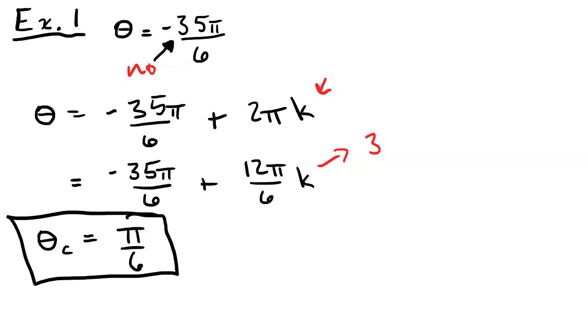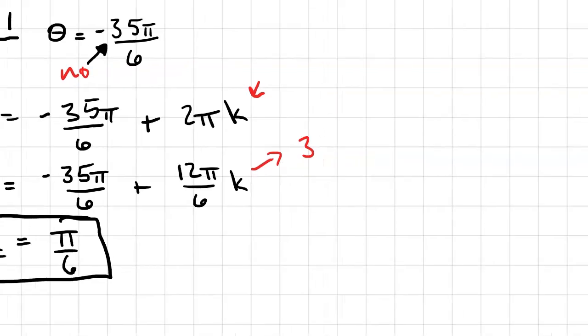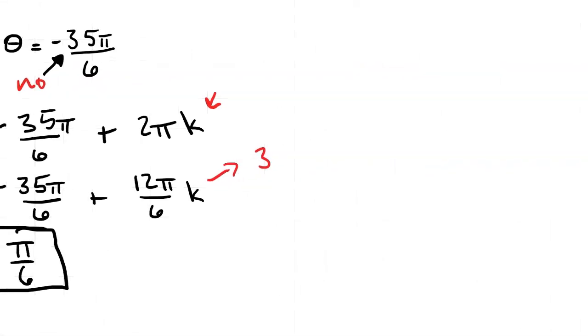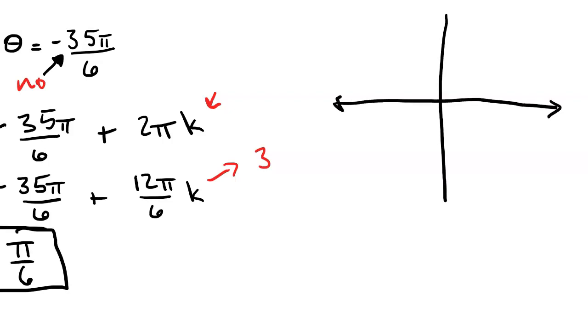Now, as far as sketching this, let me scoot this screen over a little bit. If we look at the xy plane, remember on the first part of this video when I talked about where pi over 6 was, pi over 6 was the angle closer to the x-axis. And we want to draw our angle in with a circular arrow, as you've seen before, like this.